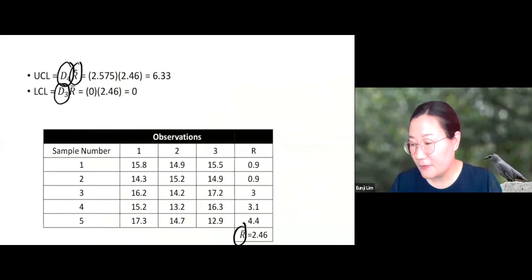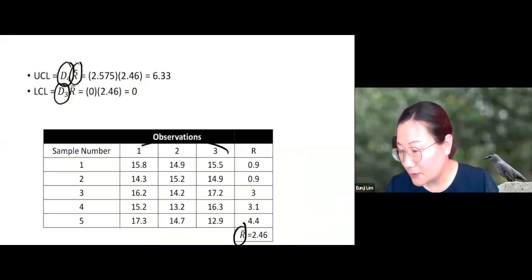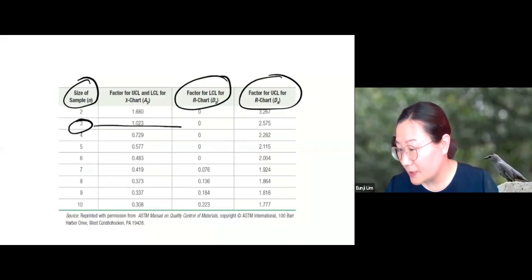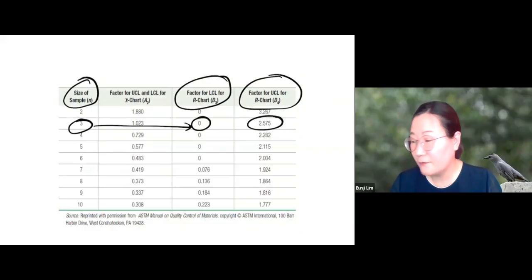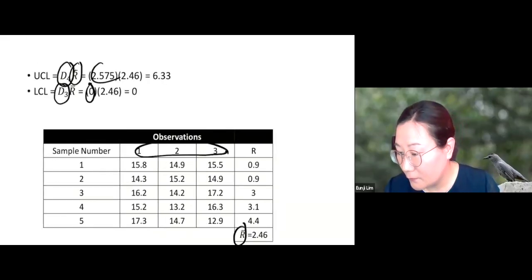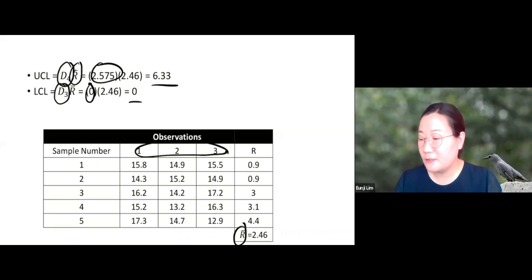What's the sample size of this example? That's the number of observations within a sample, which is 3. So when the sample size is 3, D3 is 0 and D4 is 2.575. So the upper control limit is 6.33 and the lower control limit is 0.